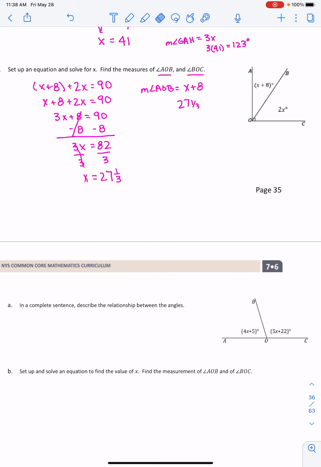Let me redo that, that looks terrible. 27 1/3 plus 8 is going to be 35 1/3. And the measurement of angle BOC is 2x, or 2 times 27 1/3, which you can put in your calculator. So I would absolutely leave it as a fraction, and which would be 54 2/3 degrees. Okay?